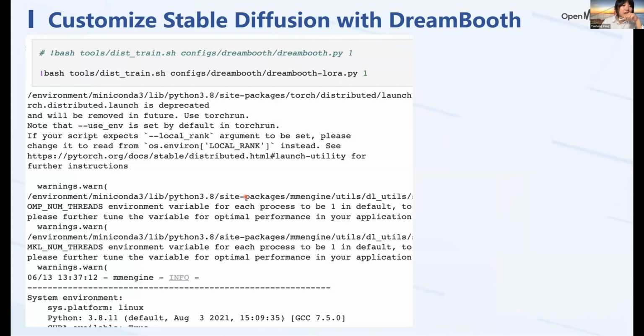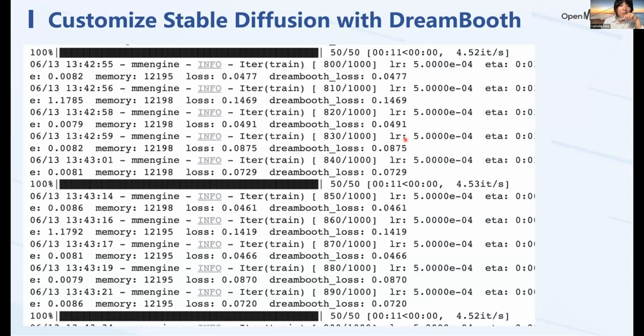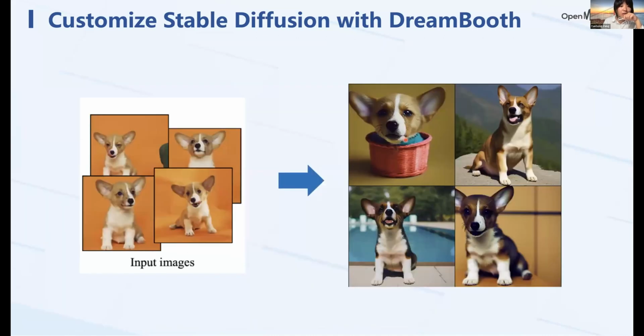And finally, you can use such a line of script to start your training. If you see this information logging in the console, I think you have successfully begun your training for DreamBooth. And here are some training information during your experiments. And here are some results produced by MMagic.